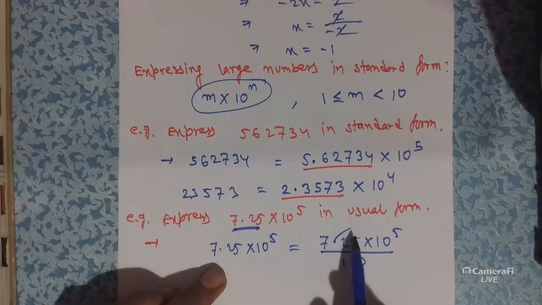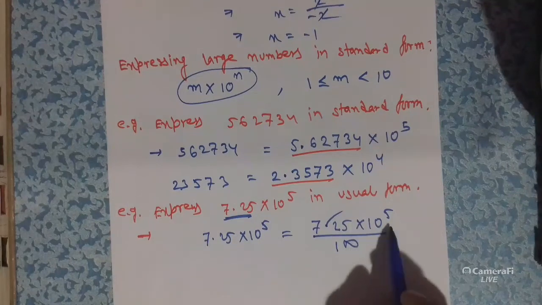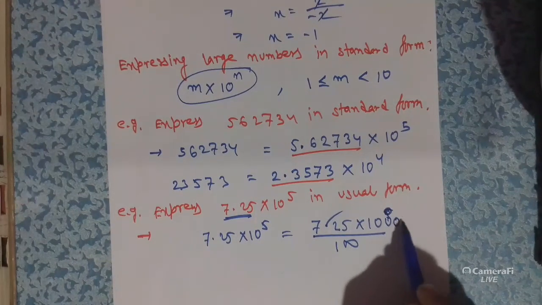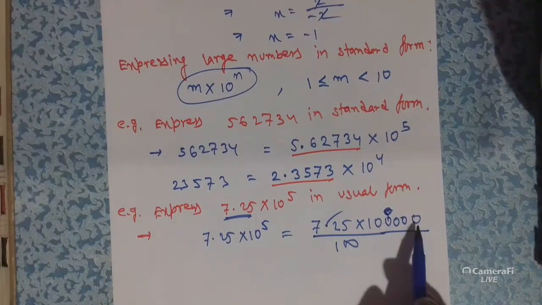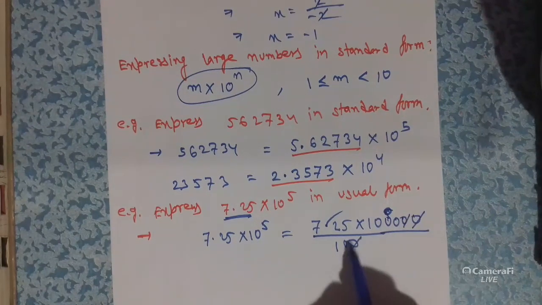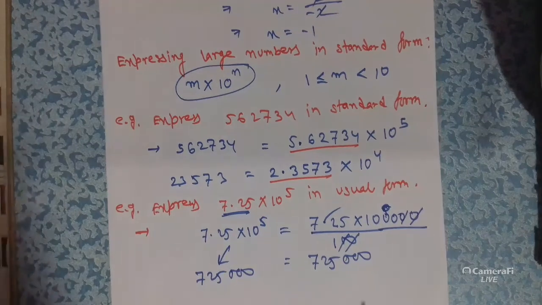Now 10 to the power 5 means 1 and 5 zeros are there, so 2 zeros will be cut, so it will be 725,000. So 725,000 is the correct answer. Or you can write it directly: 7.25 multiply 10 to the power 5 means 725,000. I hope all of you understood.